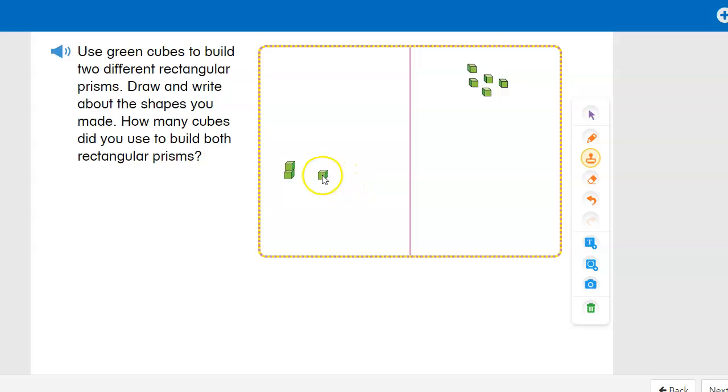It wants us to make one more. Let's see what we can make. 1, 2, 3, 4, 5, 6, 7, 8, 9, and 10.